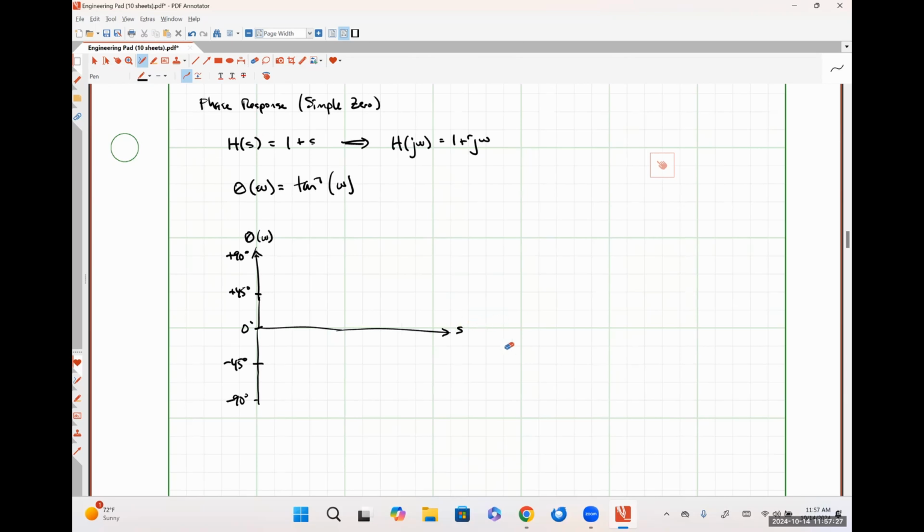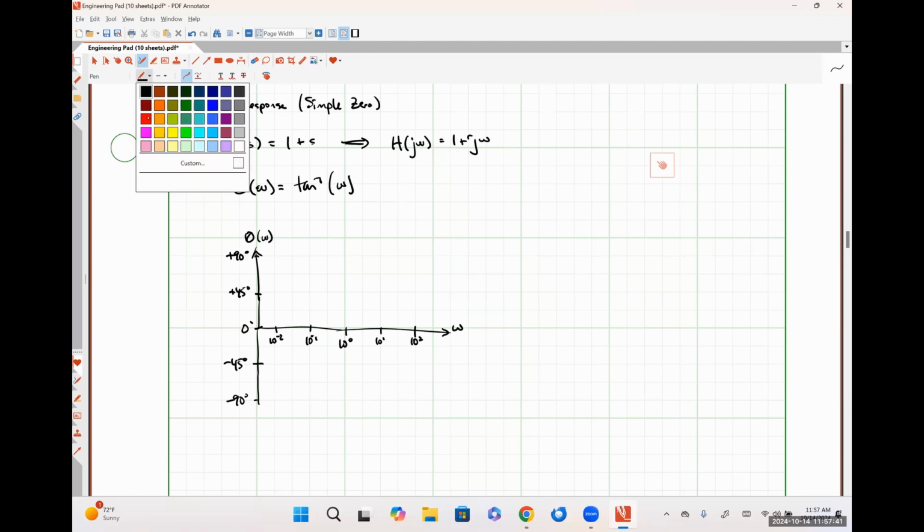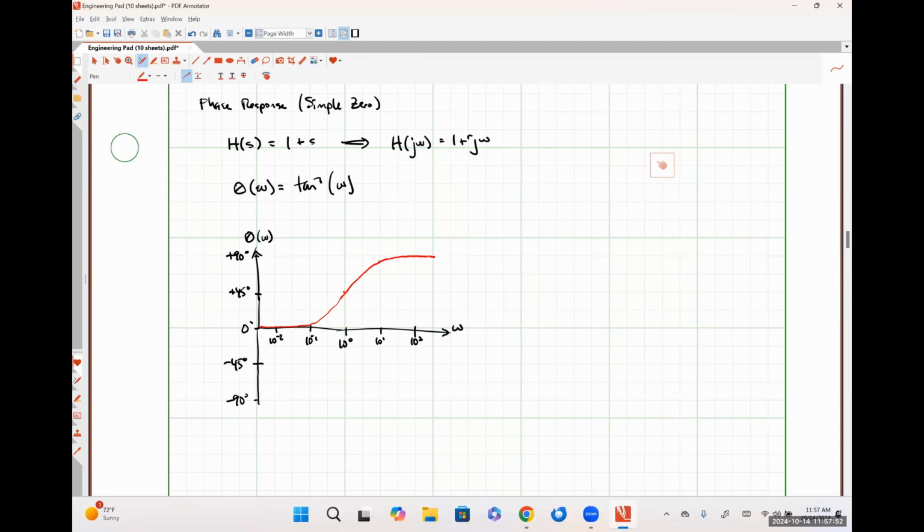Something like that would be our smoothed response. Something like that would be our straight line approximation.